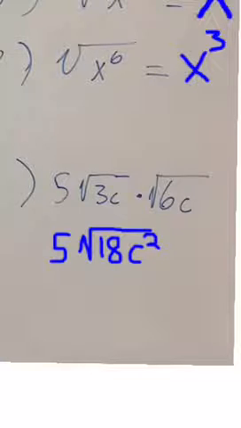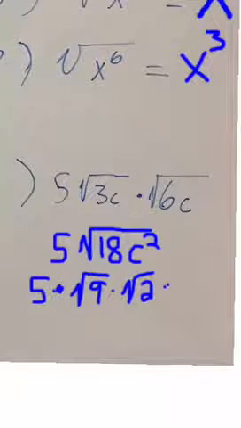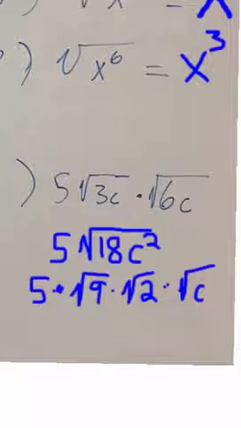Well, now we can break this down. 5 times, well, the square root of 18, I can do the square root of 9 times the square root of 2, times the square root of c squared. So the square root of c squared is c. The square root of 2, I can't really do anything with that.